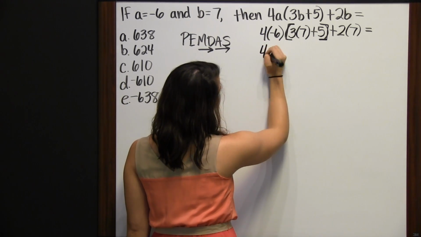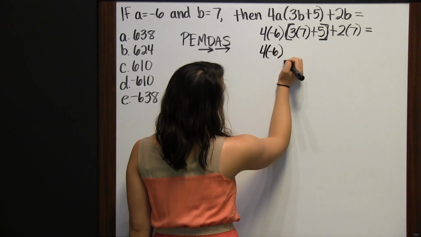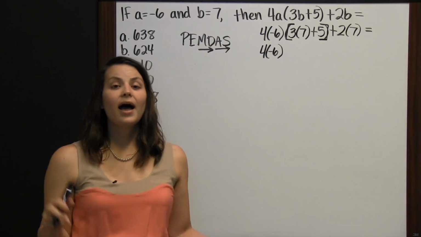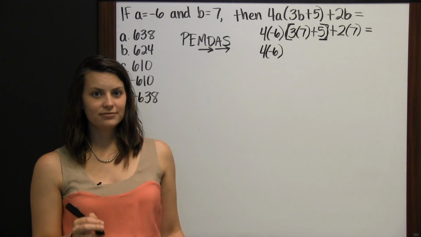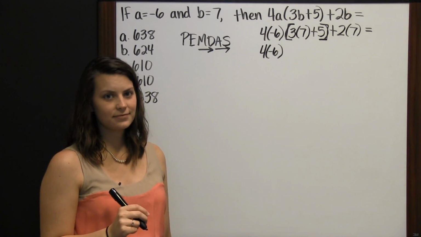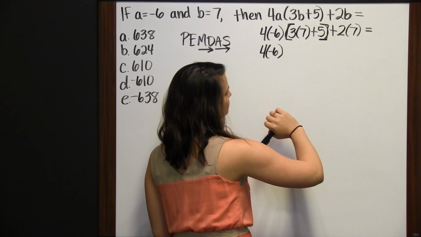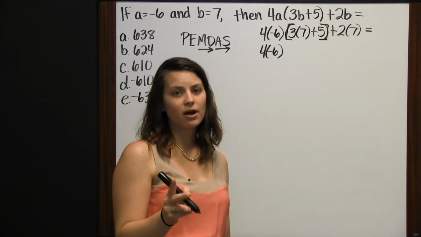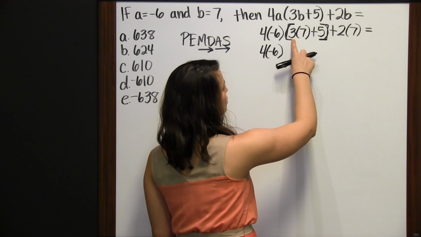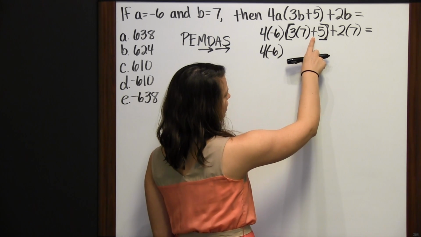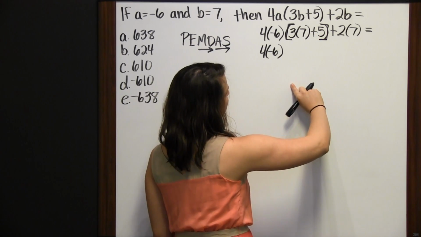So I'll bring down my 4 times negative 6. And then inside my grouping symbols, I also have to follow the order of operations. So now looking inside these grouping symbols, I have 2 different operations. I have multiplication, 3 times 7, and addition, plus 5.